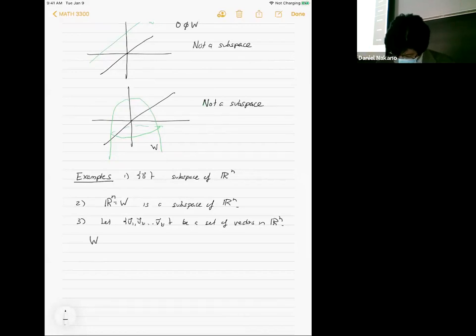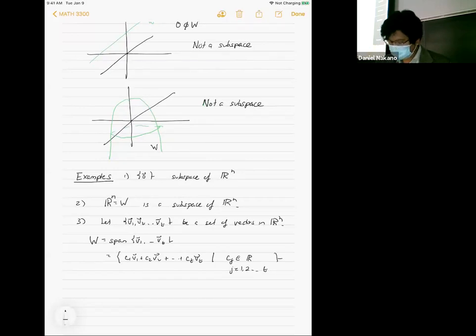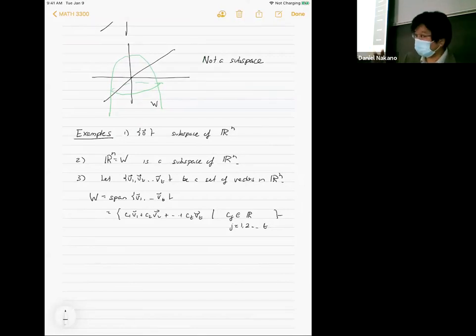And W, let's say I take all linear combinations of these vectors. So this is equal to things of the form C1 V1 plus C2 V2 plus Ct Vt, where the coefficients are in the reals. Okay? All right, so let's just think through why this is a subspace.